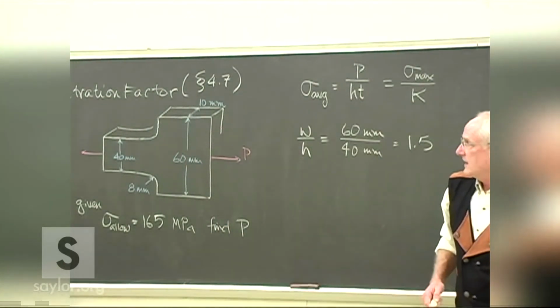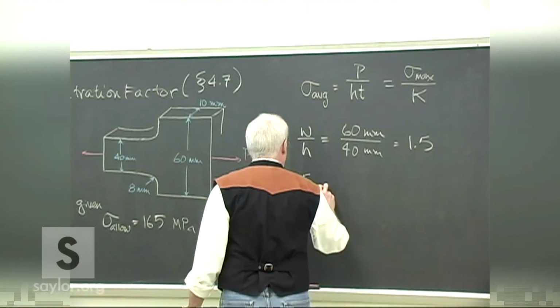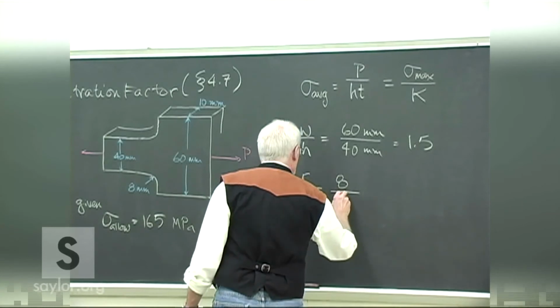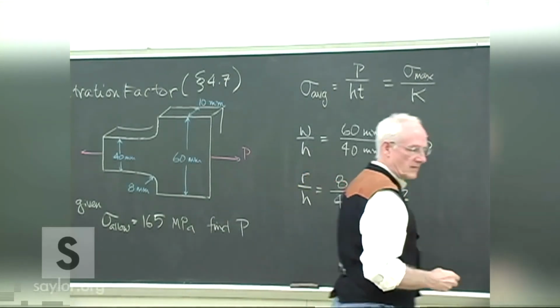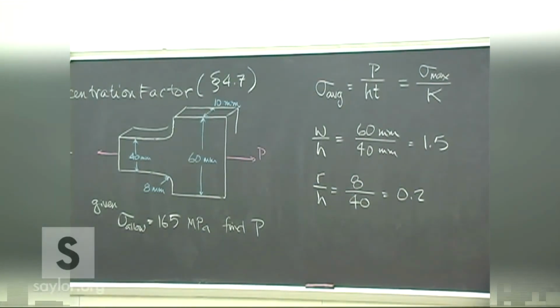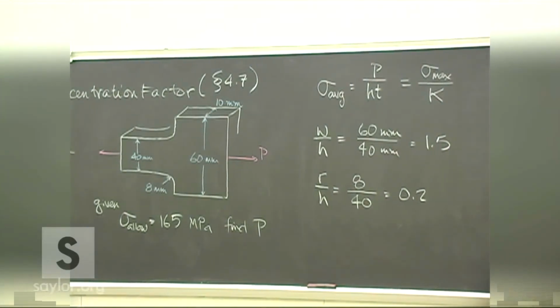And then the bottom geometric factor we need, R over H, is the 8 millimeters over the 40, 0.2. So 0.2 on the x-axis up to our 1.5 curve.